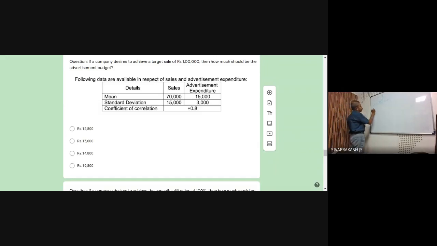So what is Y on X? Y bar, the mean, is given. What is the mean? 15,000. Correct answer. Y bar is 15,000.